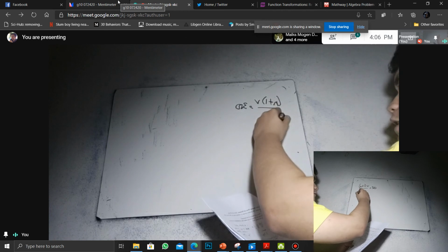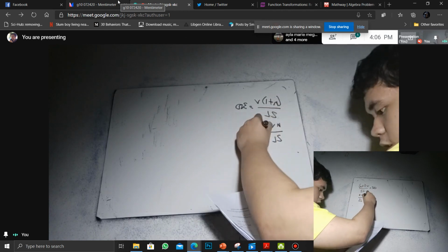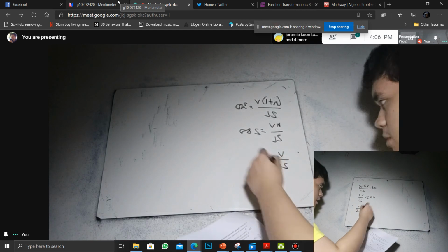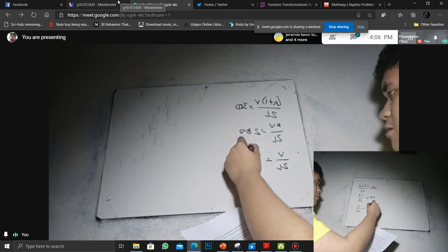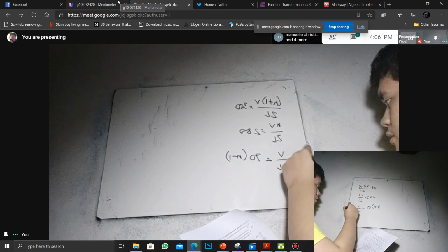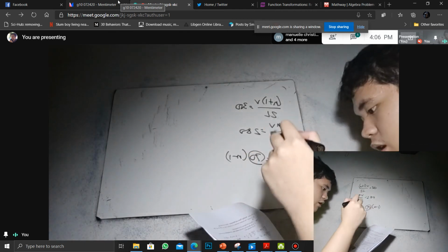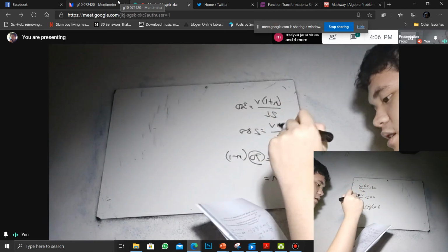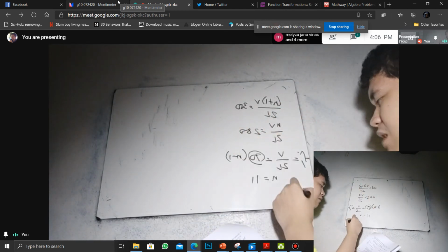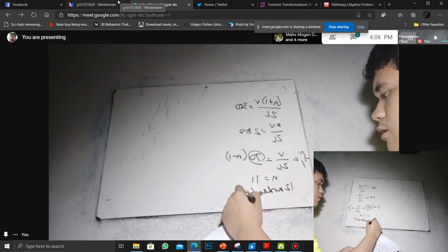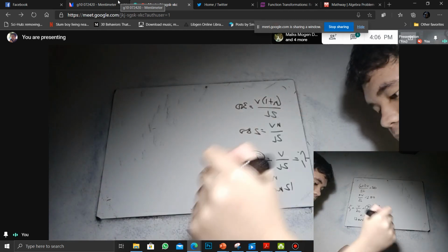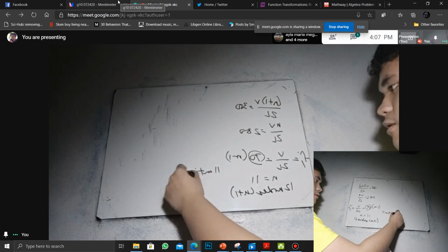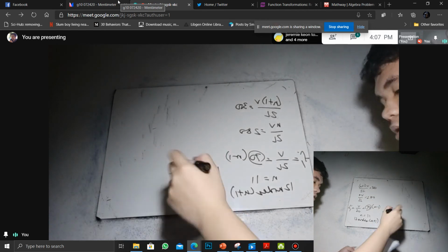NV over 2L equals 280. Subtract V over 2L equals 70, which is N equals 1, di ba? F1. Letter B, at the 10th overtone, N equals 11, no? So, dapat 12 nodes, kasi N plus 1. 11 antinodes. Tsaka 11 loops, no?